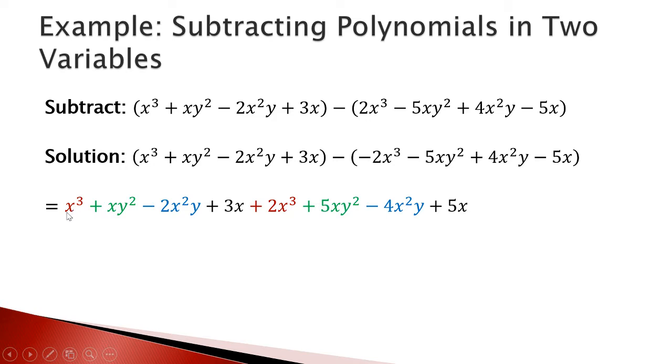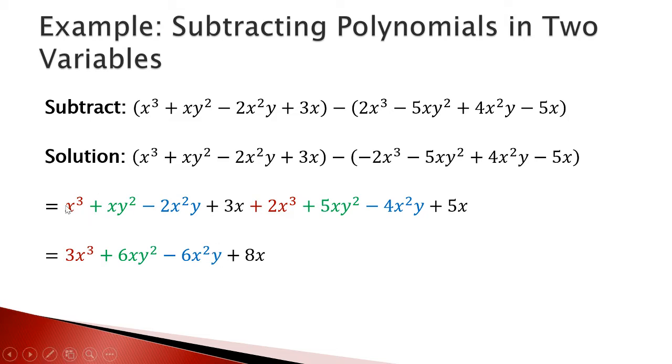Here we can see that x to the power 3 and 2 times x to the power 3 are like terms, and x times y to the power 2 and 5x times y to the power 2 are like terms, and negative 2 times x squared y and negative 4 times x squared y are like terms, and 3x and 5x are also like terms. So we can solve like terms together.